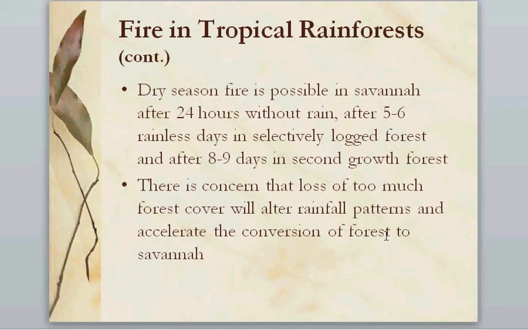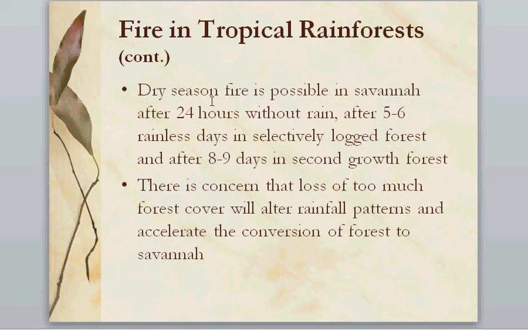So as you can see, the quicker the forest dries out, the longer it's going to be in a state which can burn if there is an ignition source. So there is a greater chance of burning the more an ecosystem is disturbed, and that's what humans do.